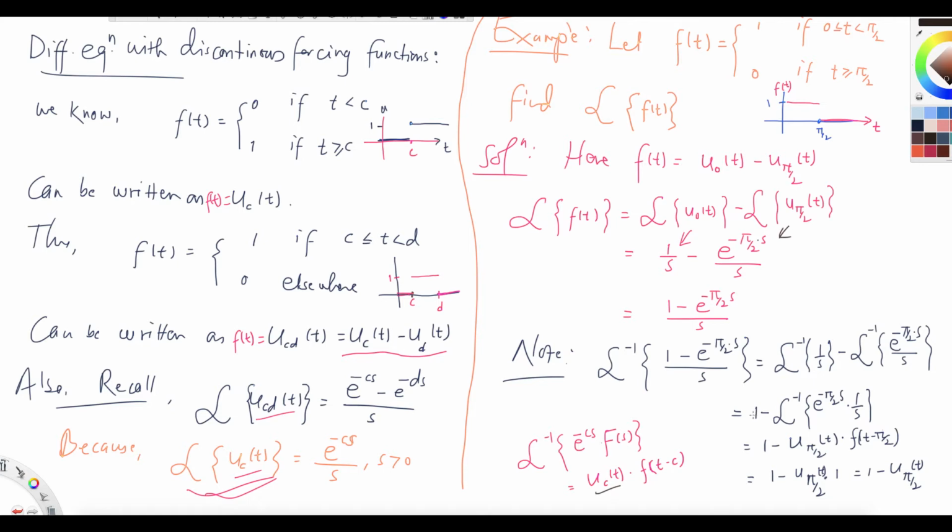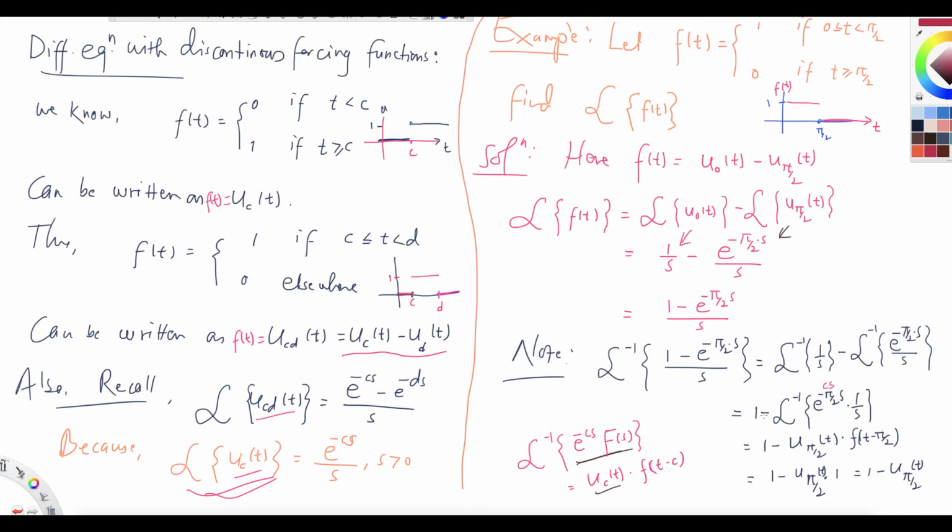That's the reason. Okay. And the inverse Laplace transform of e to the negative π/2 times s times 1 over s. Because I want to write in that form, you see that? e to the negative cs times F(s). Okay. I can write that way. Now, it is like c is π/2, right? It is like cs. You see that?